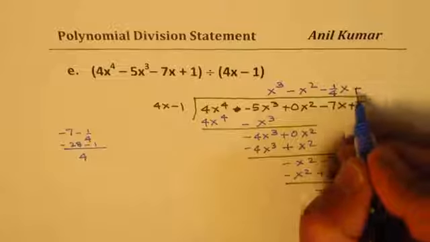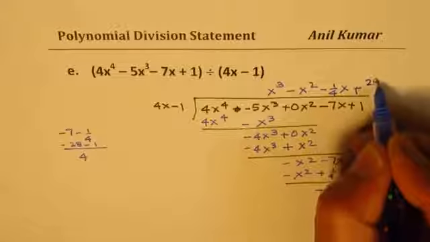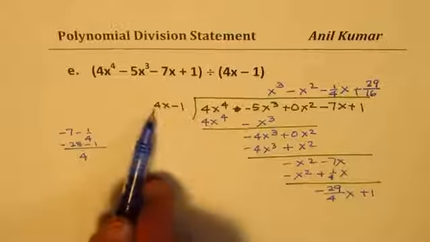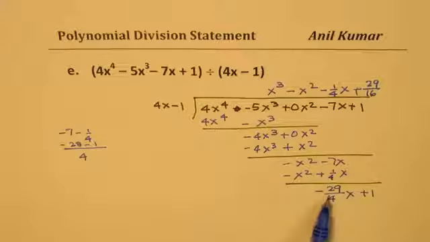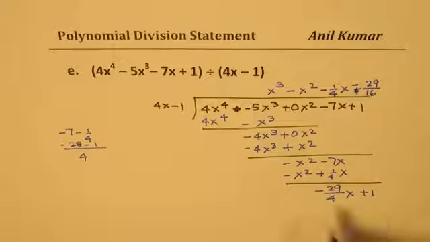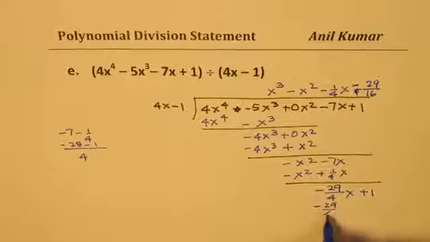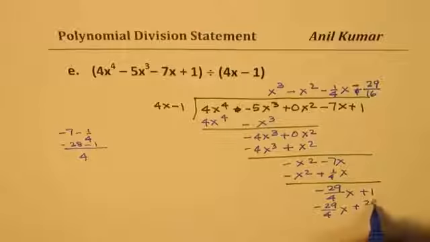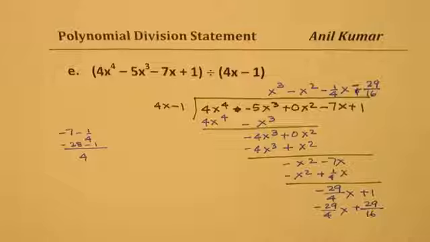So we'll write here in the quotient as 29 over 16. So that, when multiplied by 4x, will give you minus 29 over 4. In fact, minus. Is it okay? So now we get minus 29 over 4x, and that gives you plus 29 over 16, right?